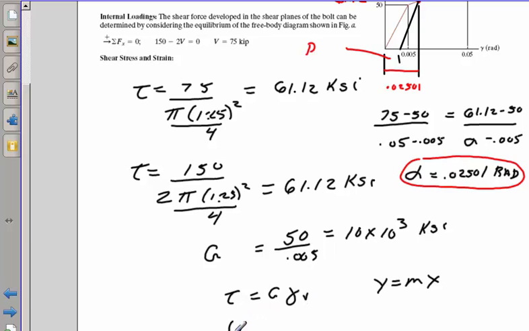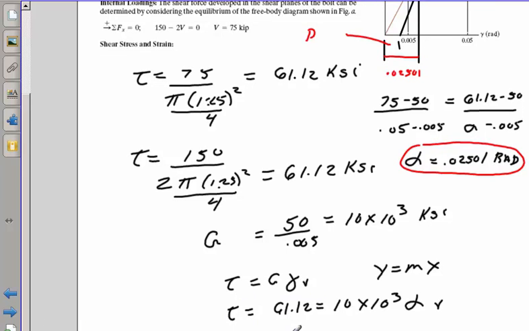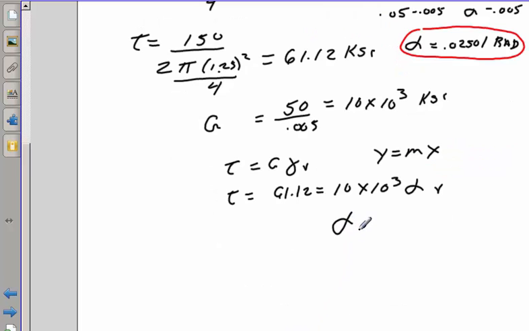So when you do that, that's going to give you your 61.12. Set that equal to the G value, which is going to be 10 times 10 to the third. Solve for your elastic shear strain, and when you do that, you'll find out that this value right here is going to give you the 6.112 times 10 to the minus 3 radians.